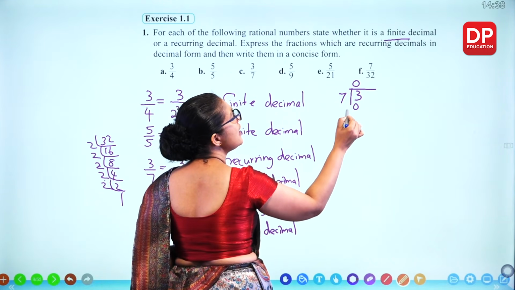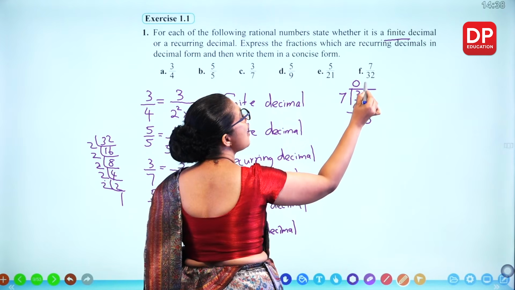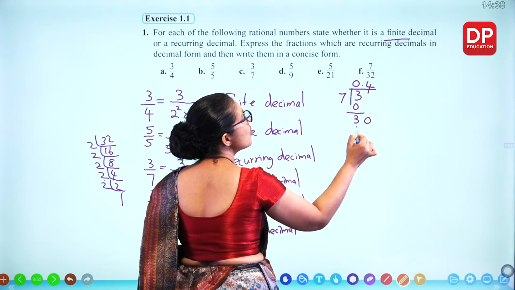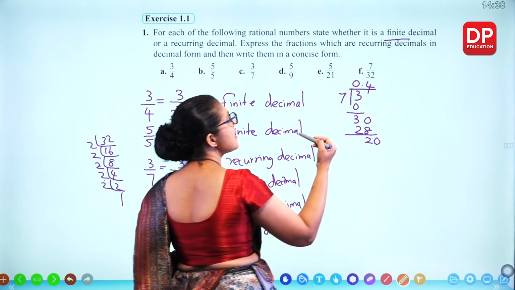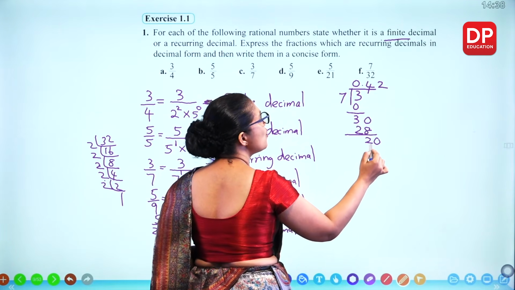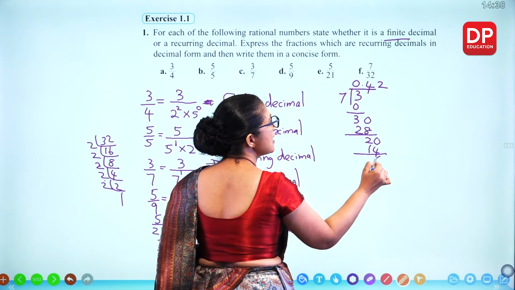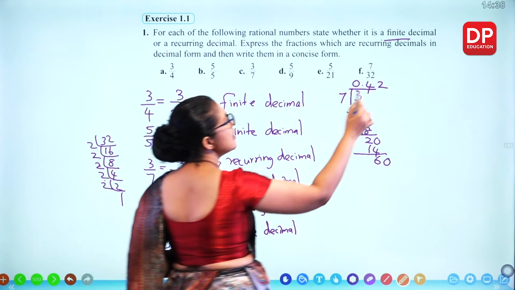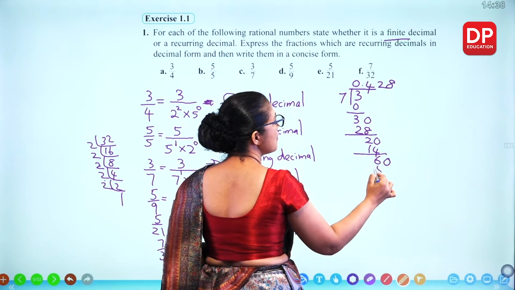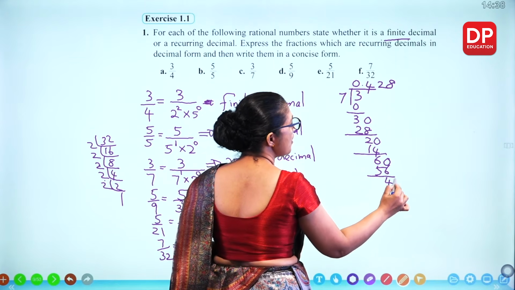0 for 3. For 30, how many 7's? 4. That's 28. 20 is there. How many 7's for 20? You get 2. That's 14. Then 6 remaining. For 60, how many 7's? 8. 56. 4 remaining.